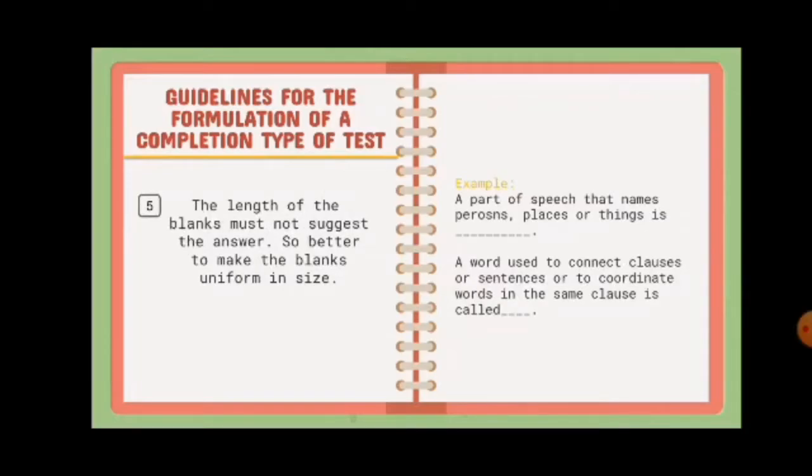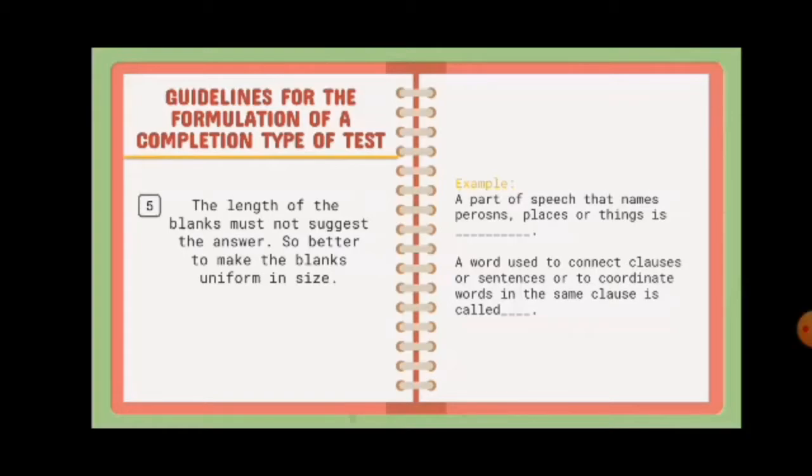Number 5. The length of the blank must not suggest the answer, so better make the blank sizes uniform. So number 5 means that the blank should not be long or short because it's easy for them to identify the answer of the items.